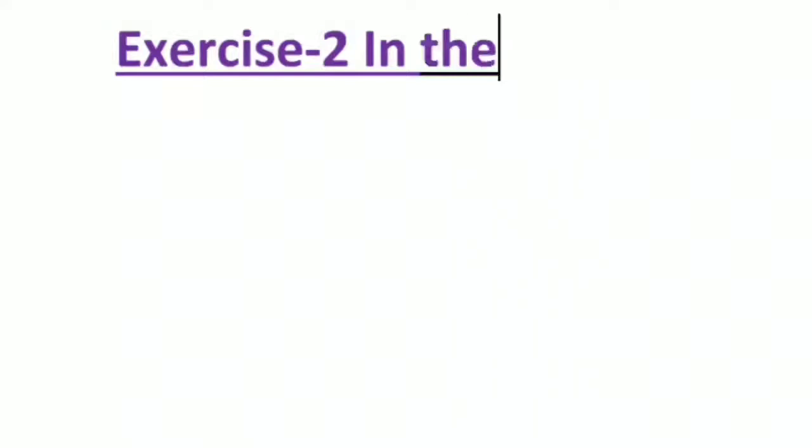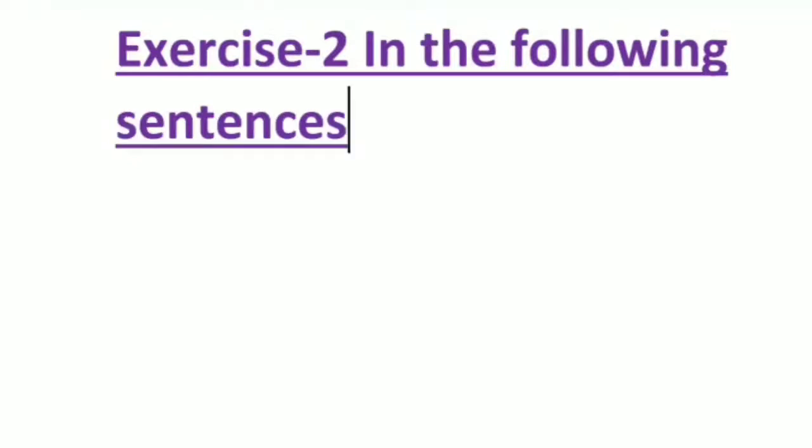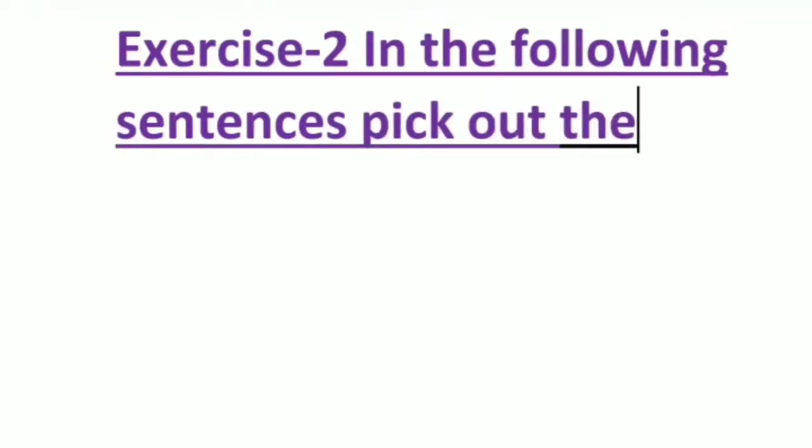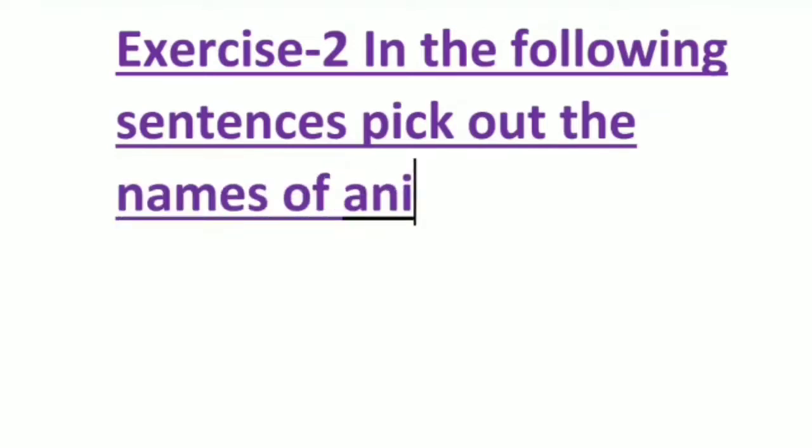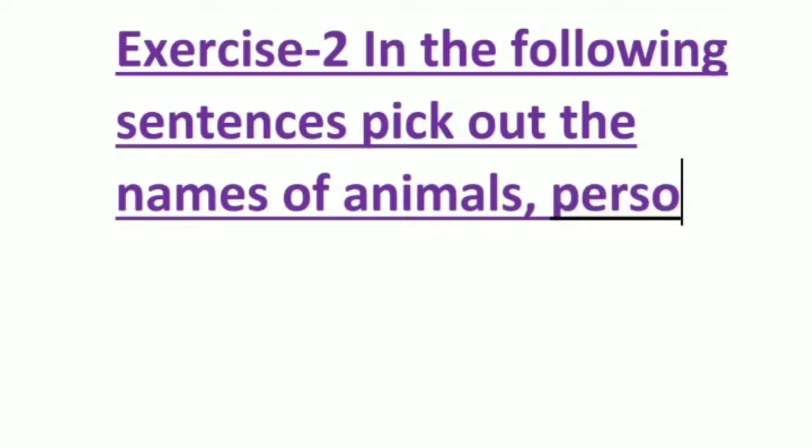So exercise 2. Exercise 2 is in the following sentences, pick out the names. We have to pick out the names of animals, persons, places or things. Is it clear?